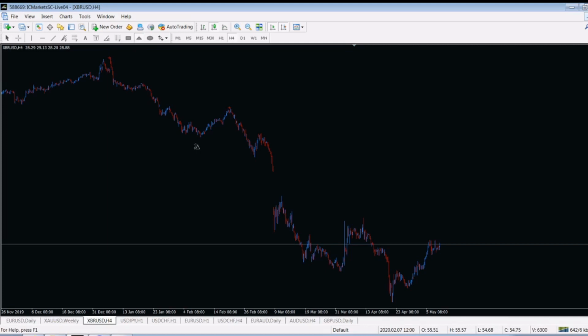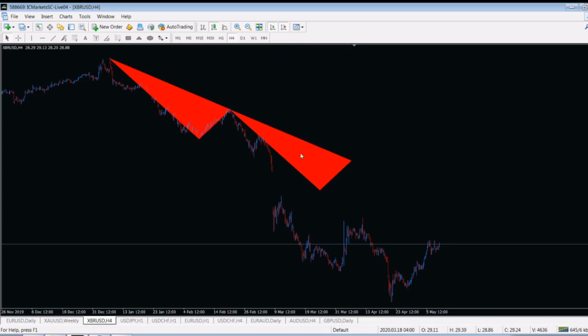Let's make a triangle here. That's the one. We got the triangle. Over here, it looks like this first leg. Let's do the second one. We got the second leg. So, probably here we got a local bottom, as you see. Here was a local bottom, roughly, or local top. And here was another local top.